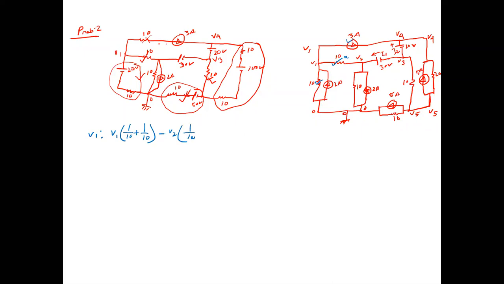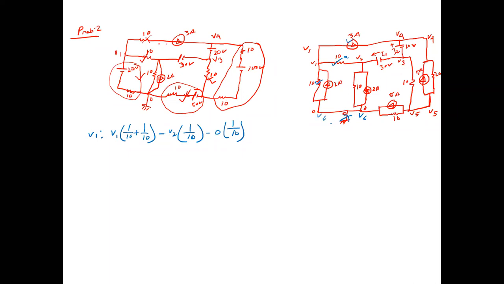1/10. And also another resistance is connected to this 0, so use minus 0 to 1/10. If we do not use ground, then the name must be changed. This is V5, so this name is V6. If there is no ground, this name is V6.